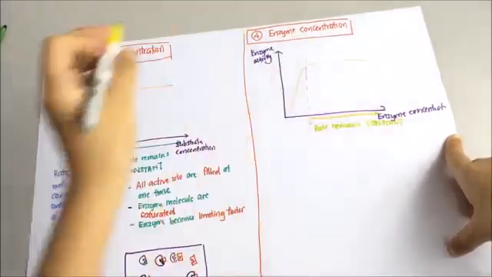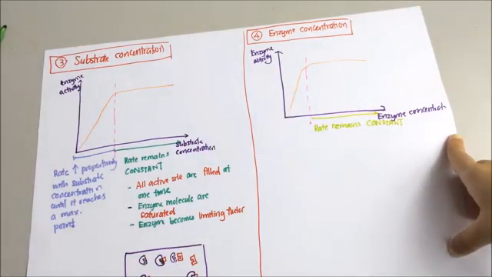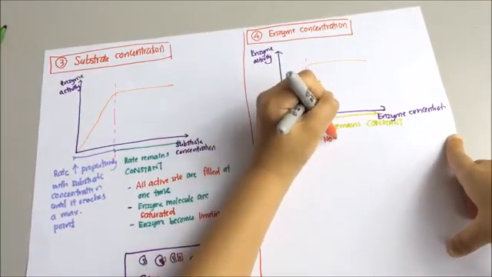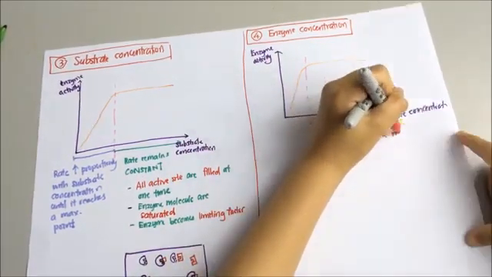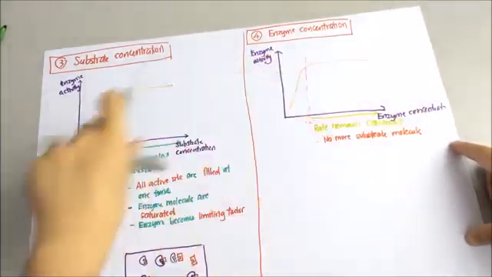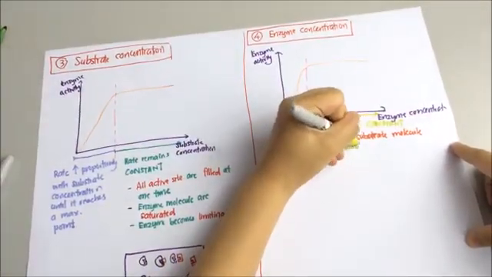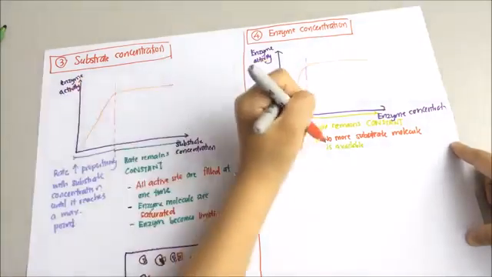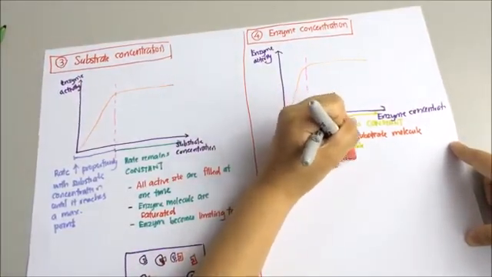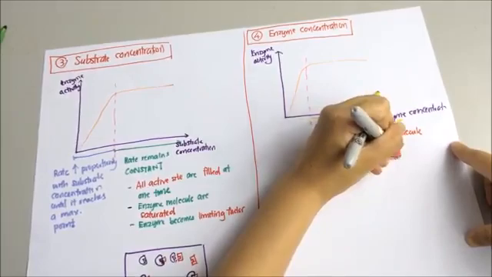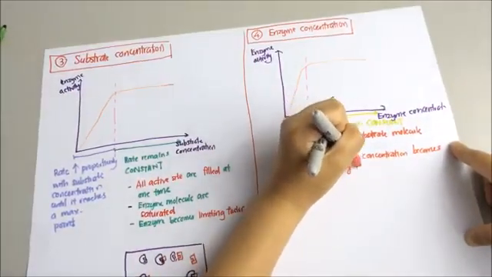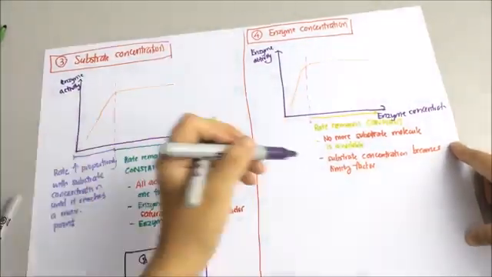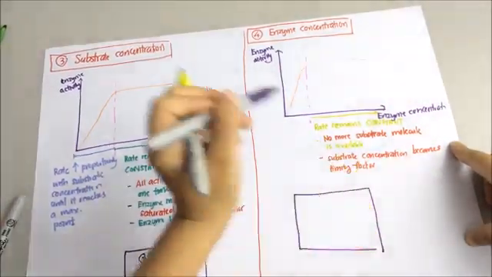Because there are no more substrate molecules available, and the substrate concentration has now become the limiting factor. Let's see.